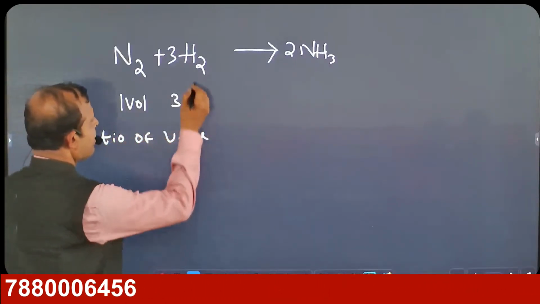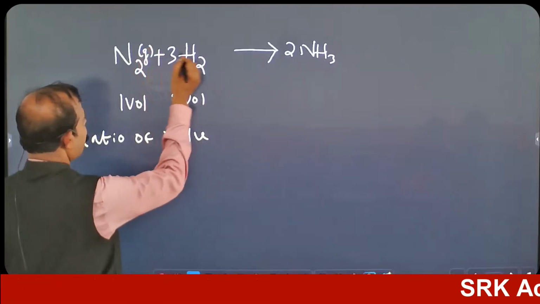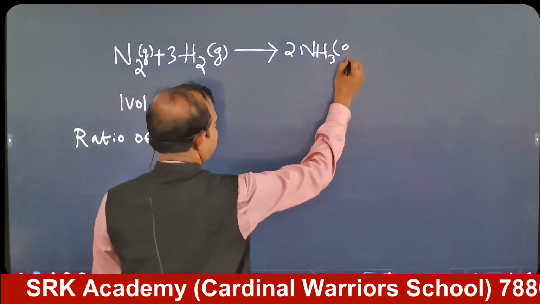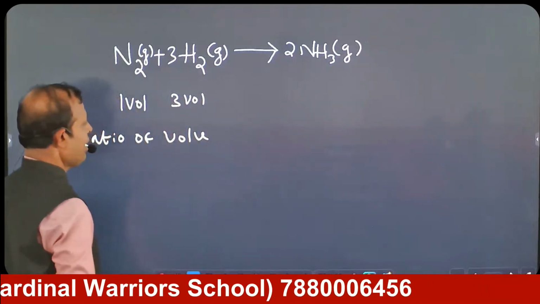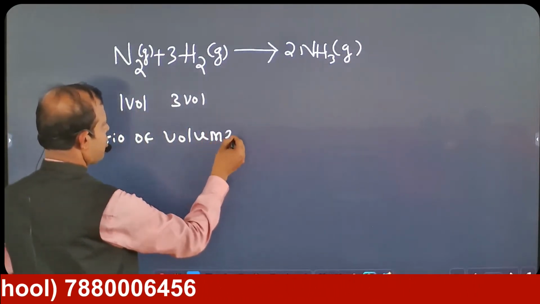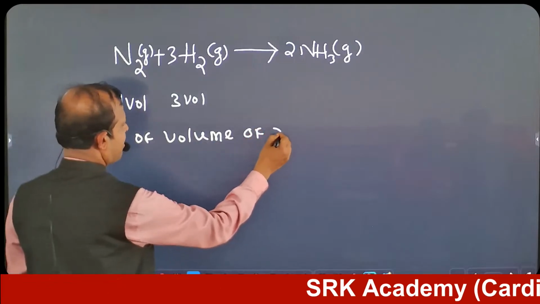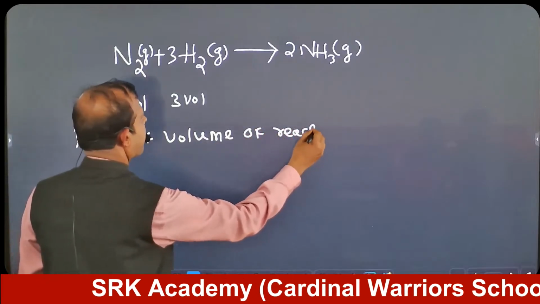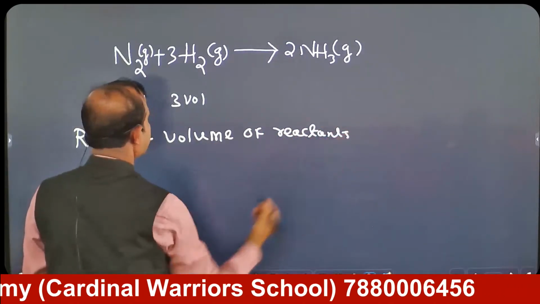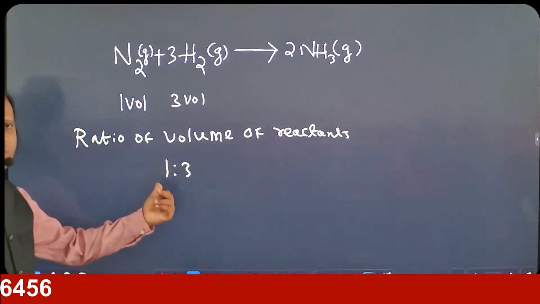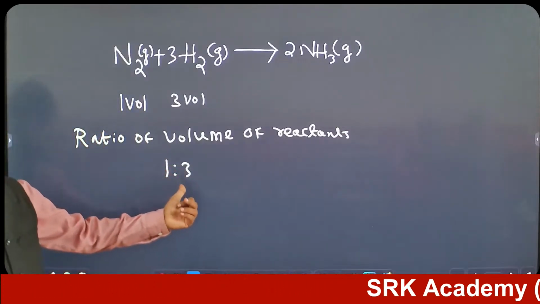when the gases combine. Nitrogen is a gas, hydrogen is also a gas, ammonia is also a gas. When gases combine, they combine in volume. So if you take the ratio of volume of reactants, what is that? It becomes 1 is to 3.